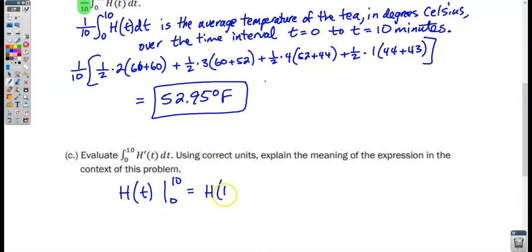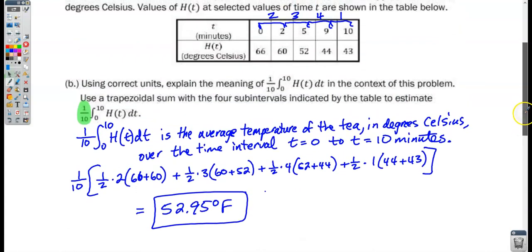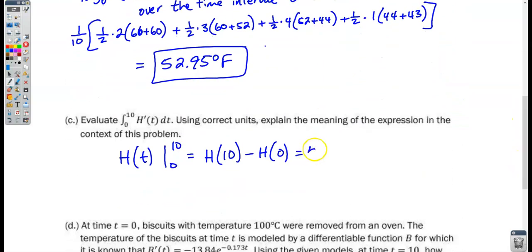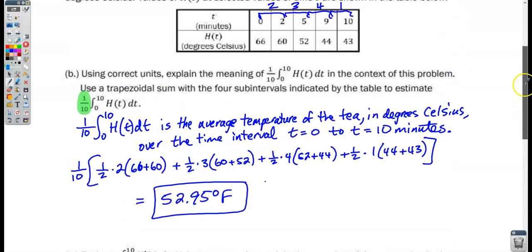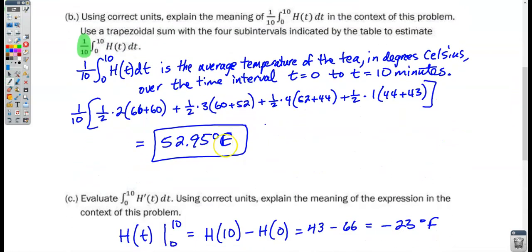This is going to be h(10) minus h(0). I go to my table: h(10) is 43, and h(0) is 66. That's negative 23. Is that degrees Fahrenheit? Oh, it's degrees Celsius.